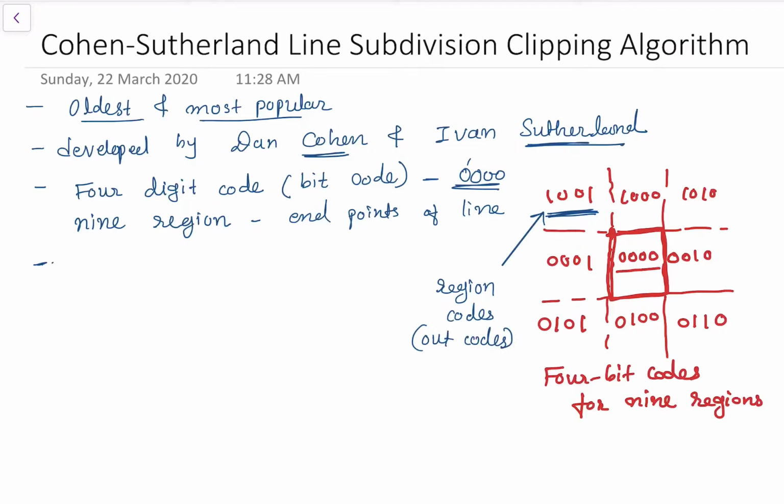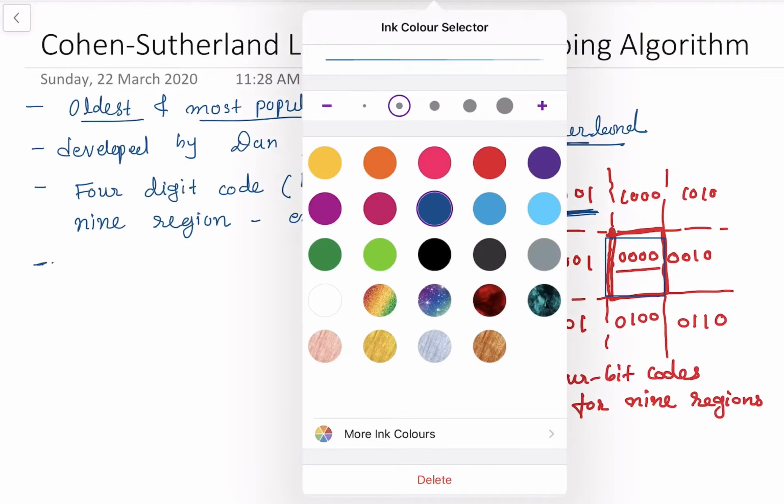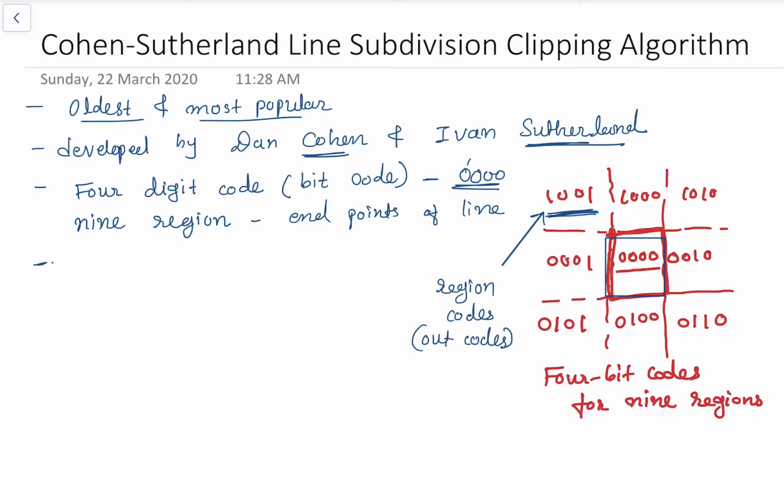This code identifies the location of the point relative to the boundaries of the clipping rectangle, as shown in this figure. Each bit position in the region code is used to indicate one of the 4 relative coordinate positions of the point with respect to the clipping window.